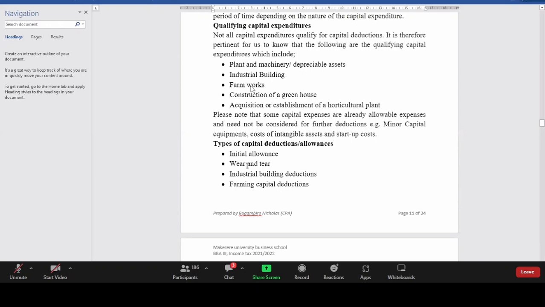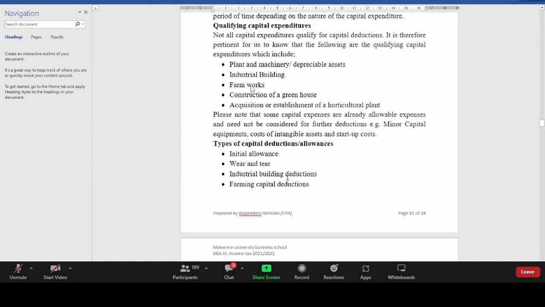Now, what are those types of deduction, or allowances, we need to look at? Initial allowance, we covered that. You said initial allowance is 50%, and it relates to an eligible property. So you must establish what is an eligible property. An eligible property, we said, can be plant and machinery which is used or held for use, but other than household equipment, furniture, blah, blah, blah, or any appliances.